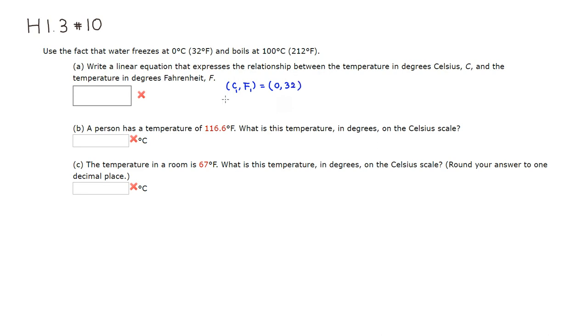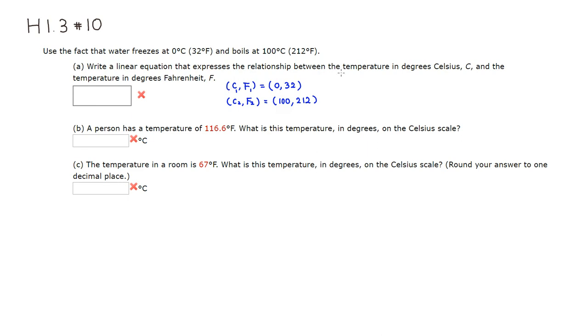And the second point is C2 comma F2, when 100 degrees Celsius is equivalent to 212 degrees Fahrenheit. So pretend that C is like X and F is like Y.